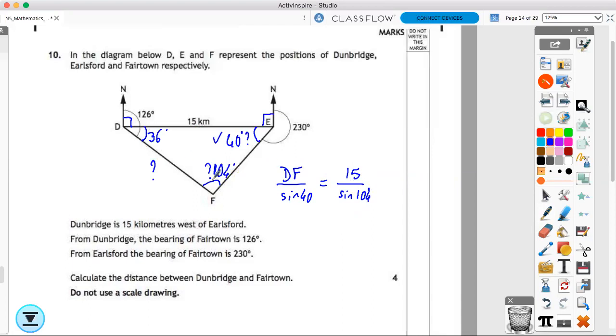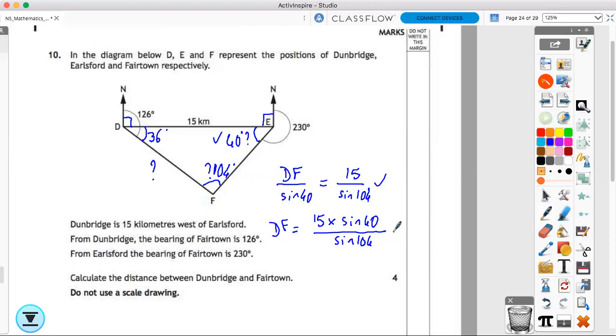Then we're looking for DF, so that gives you a second mark. So you've got a mark for angle, a mark for the sine rule. Then you just write DF equals 15 times sine 40 divided by sine 104.